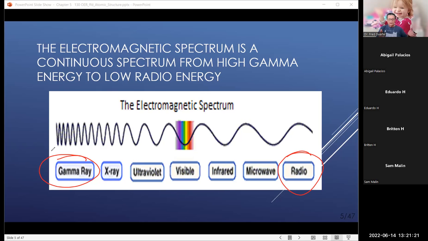Now, this spectrum here is not to scale, but the visible, what we see, is very small relative to the whole spectrum. That represents the visible spectrum that we are able to pick up on. Those are the cells in our eyes called cones that pick up specific wavelengths, but only in the visible.